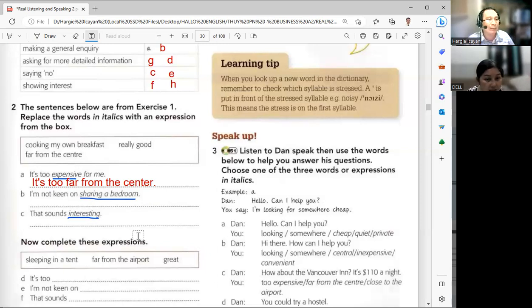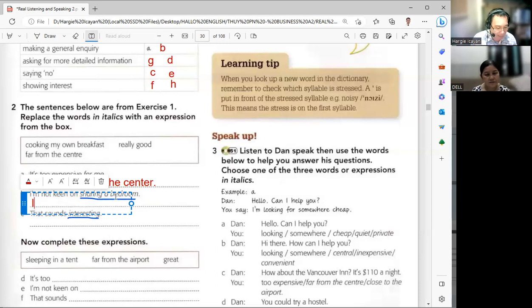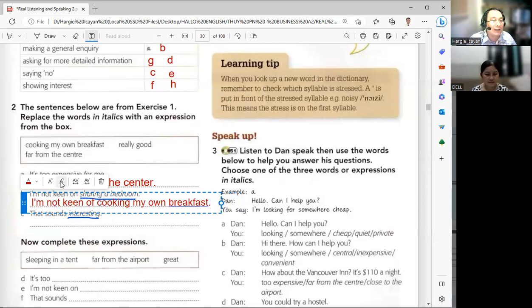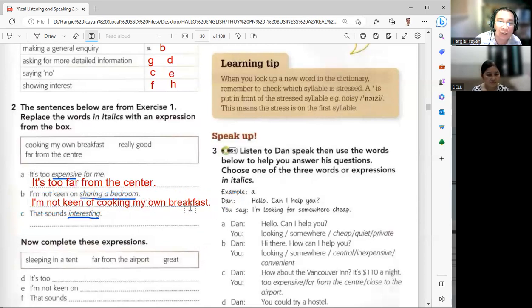I'm not keen on sharing a bedroom. Cooking. I'm not keen on cooking my own breakfast. Yes, so we can also replace this one with I'm not keen on cooking my own breakfast. Good. So you can replace this with this expression, right?